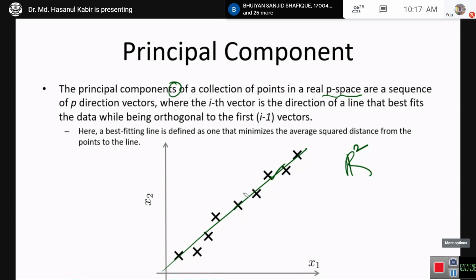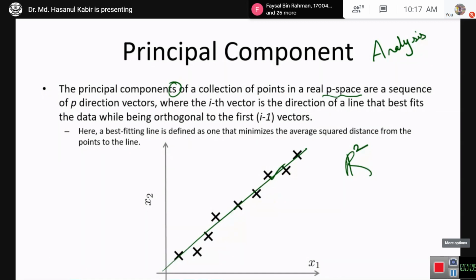And if I say principal component analysis, what will it mean? If I want to say now I want to analyze them, what will it mean? First of all, the first task will be to find the principal components, right?